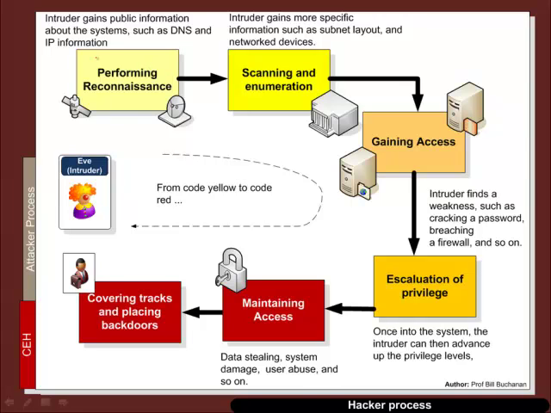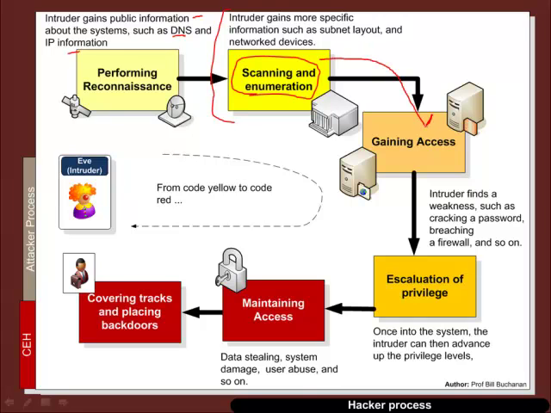There is normally some sort of reconnaissance outside, such as looking at DNS tables and IP information, and generally publicly available information such as WHOIS databases. The intruder then might get more specific information about the network devices, the hosts and so on by scanning and enumerating devices, finding out where they are and what their addresses are.